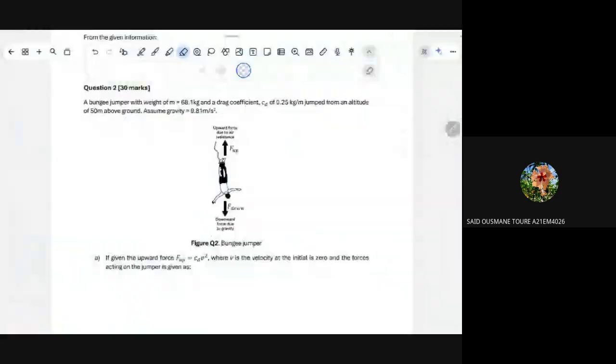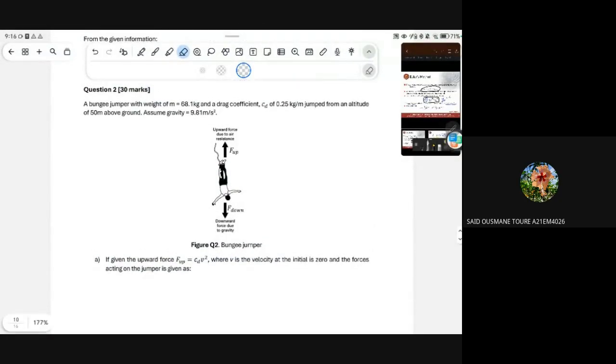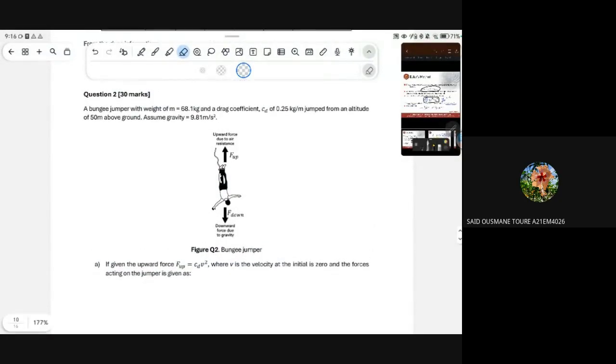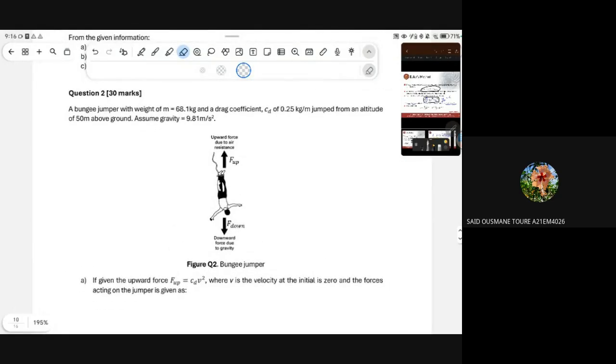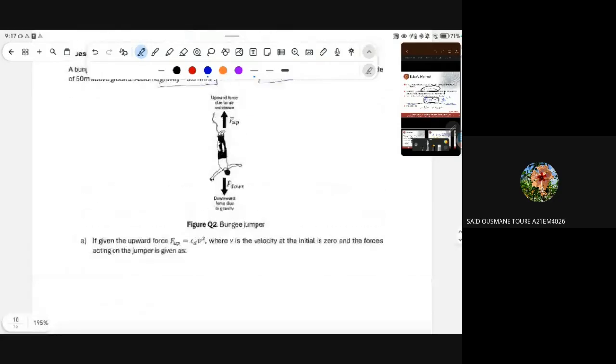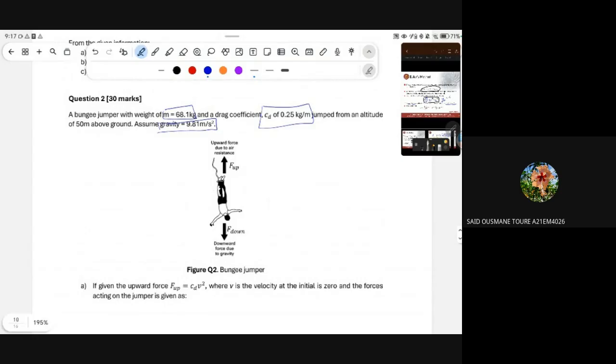And you can see a huge similarity basically. So first of all, they mention that m equals 68.1, drag is equal to 0.25, and gravity equals 9.81. Clear? They give you the initial boundary condition.